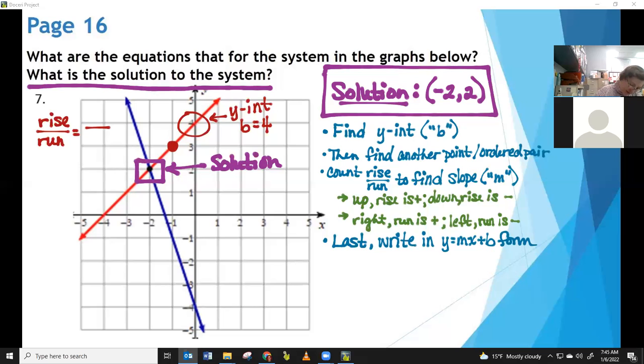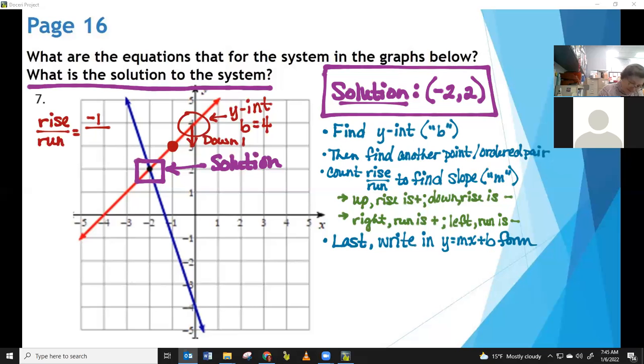I go down 1, yes. Down 1. So that means my numerator is going to be a -1. And then I need to do my run from the bottom of this arrow right here, because I shifted down 1. Do I go left or right to get to the point that we have marked? Left.